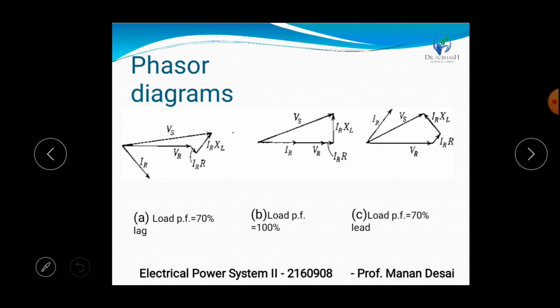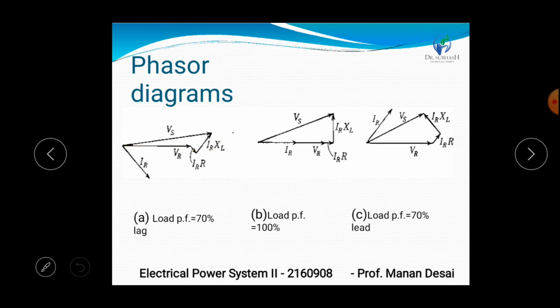The voltage drop in the reactance of the line is IXL. The reactance voltage leads by 90 degrees, and therefore it is drawn perpendicular to the receiving end current IR.